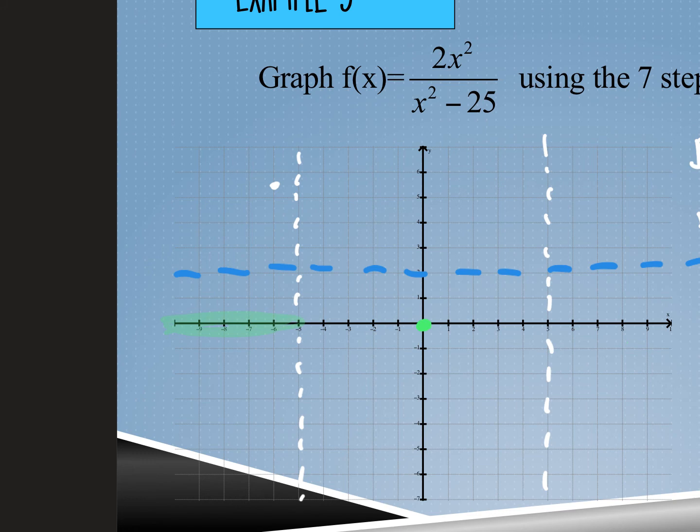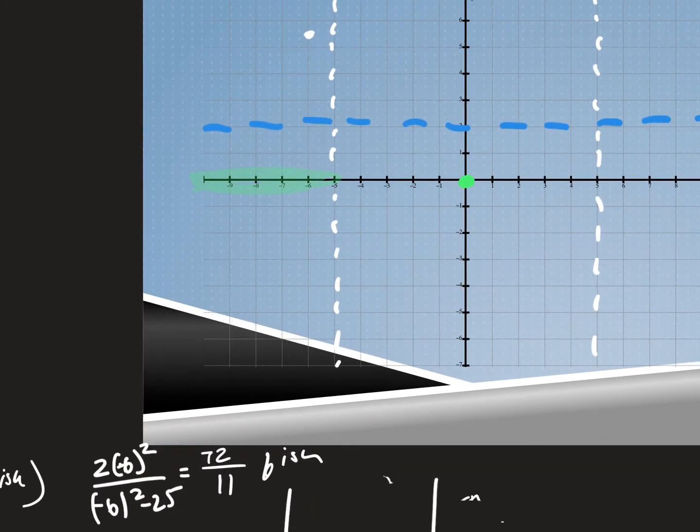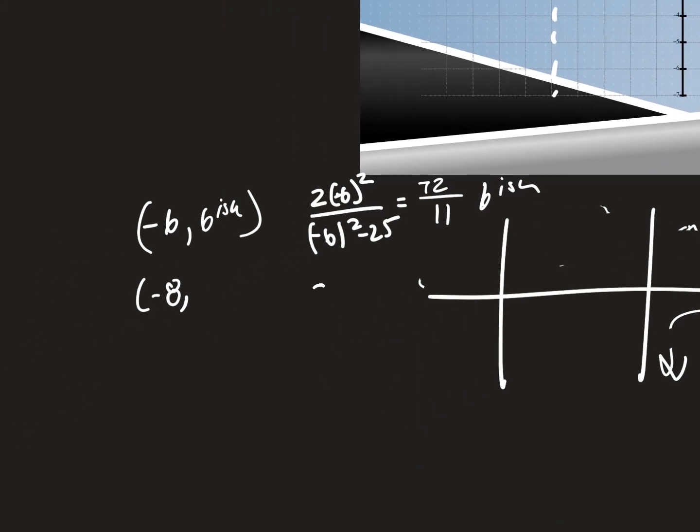Everybody with me? All right, now, like I just said, Camila said do -6, -7. Pick points that are a little spaced out. So let's do -8, -9, something like that. Let's do -8. So 2 times -8 squared over -8 squared minus 25. -8 squared is 64. 64 times 2 is 128, thank you.